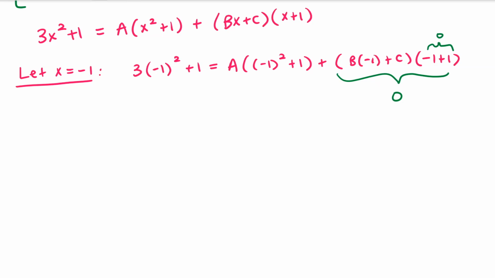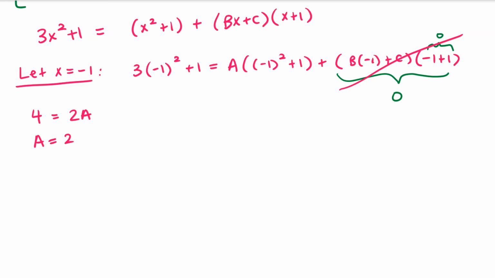So let's see, 3 times -1 squared plus 1, that's going to end up being 4. And this all goes away, and then -1 squared is 1, plus 1 is 2, so we have 4 equals 2A, and if I divide both sides by 2, we end up getting A is equal to 2.